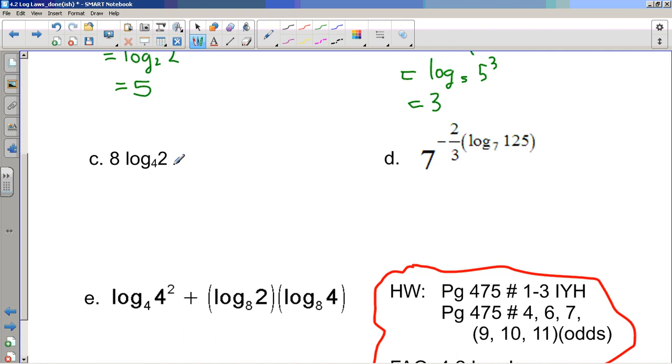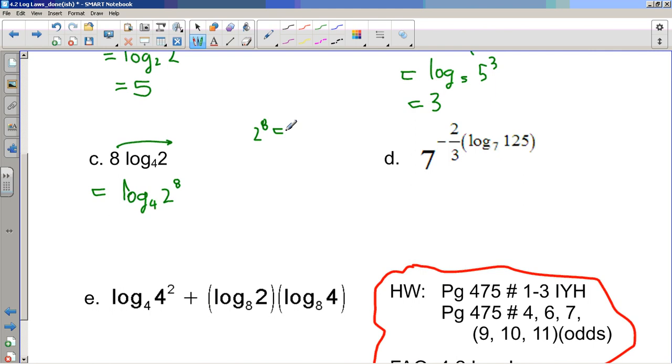Okay, what am I going to do here? Well, there's a couple different ways you could approach this, but if we're using a log rule, this has got to go up this way, right? So I could think of log base 4 of 2 to the exponent 8, right? And if I wanted to, I could put that into my calculator. I get some big long number. I don't know what it is. What's 2 to the exponent 8?